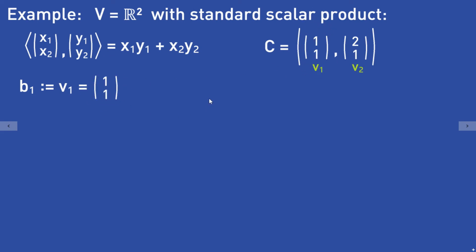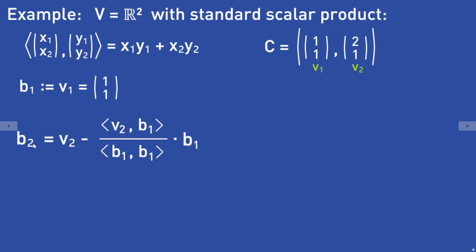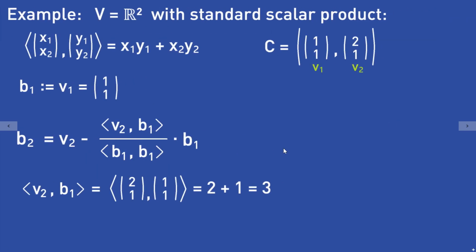The vector b2 is equal to v2 minus the scalar product of v2 with b1 divided by the scalar product of b1 with b1 times b1. So we have to calculate two scalar products, this here and that here. So we have to calculate the scalar product of v2 with b1.